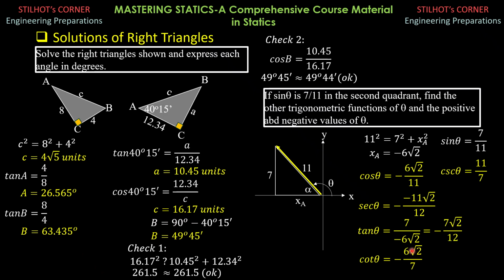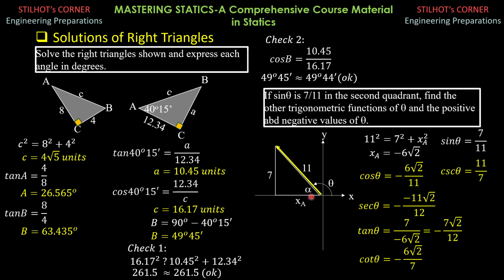And for the angle theta, the positive value, let's solve for alpha first, the positive equivalent. Then theta is 180 degrees minus alpha. Although there's a shortcut way, you have to be familiar with your calculator.